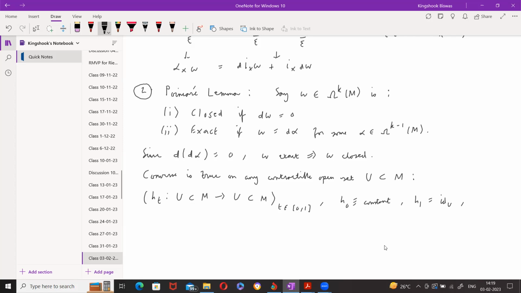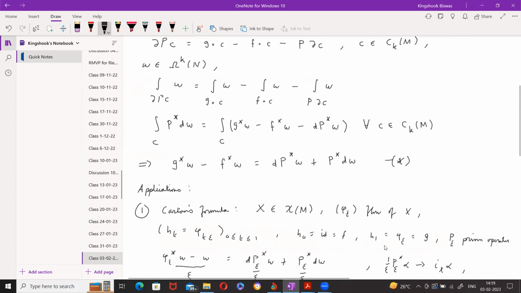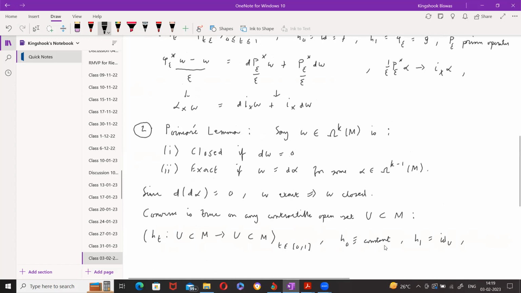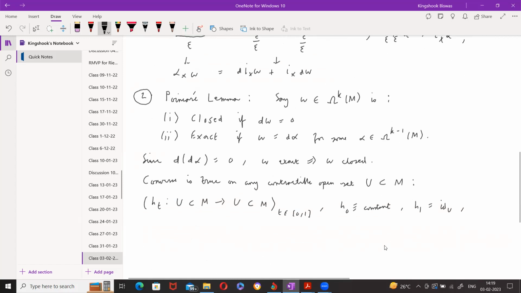Then we can apply our formula star from here to this homotopy. So then what do we get? We get that for all omega K form on U, okay, my constant is my F and my G is identity.